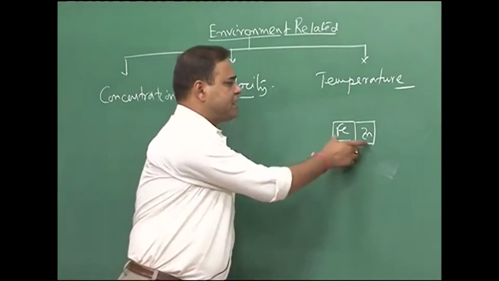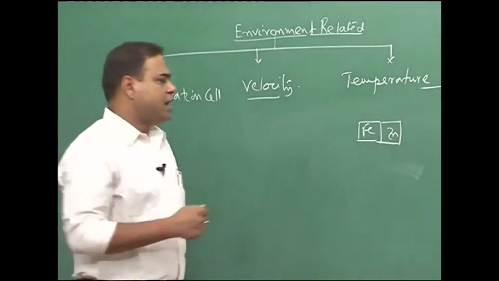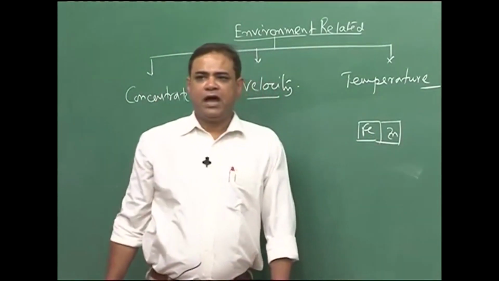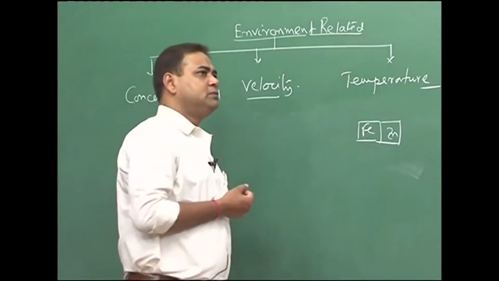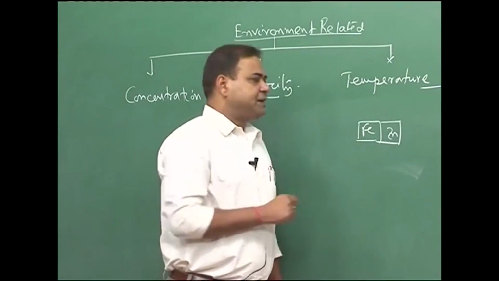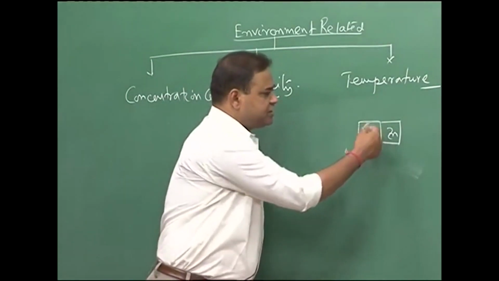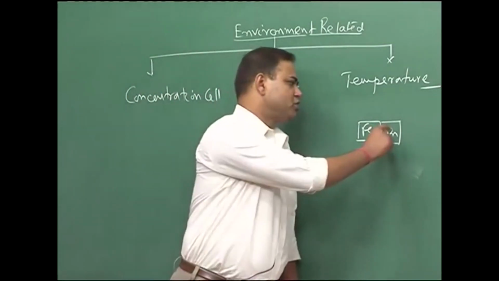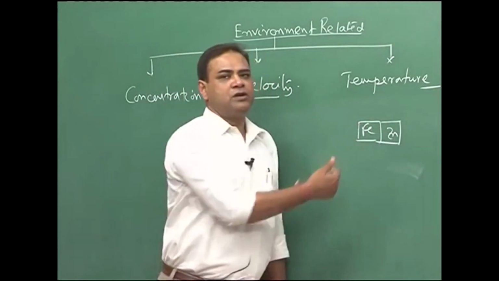Iron and zinc, if we have coupling, then below a certain temperature iron will act as cathode and zinc will act as anode, and on the zinc surface zinc hydroxide will form. But if we increase the temperature of the system, then the zinc hydroxide will convert to zinc oxide. Instead of zinc hydroxide, zinc oxide will form on the zinc surface, and zinc oxide is cathodic to iron.